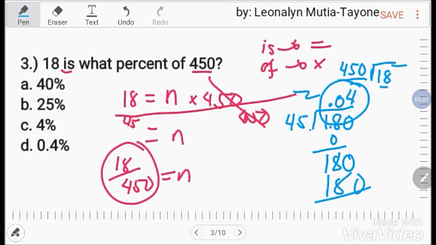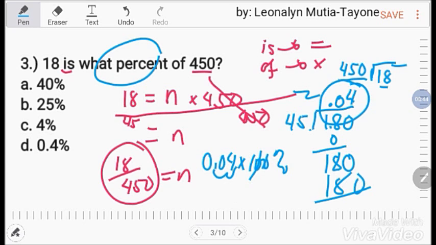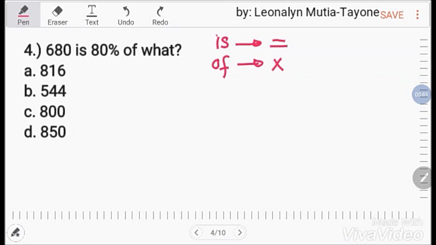So, it's 0.04. Ang tanong, percent. So, pag mag-convert ka ng percent, multiply mo ng 100%. Mag-move to the right, 1, 2. Kasi dalawang 0. And this is 4%. So, ang sagot, 4%.